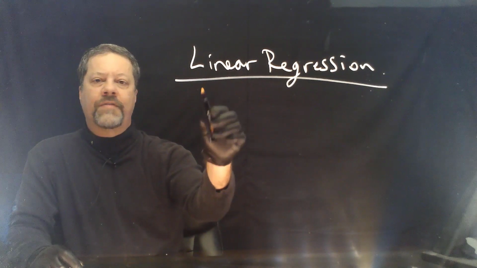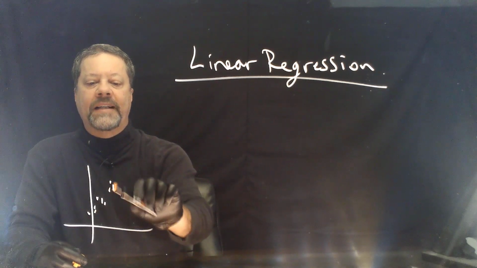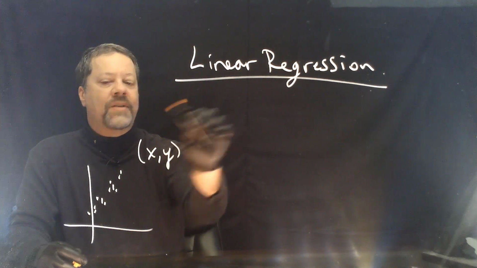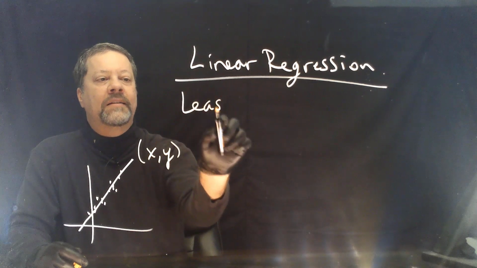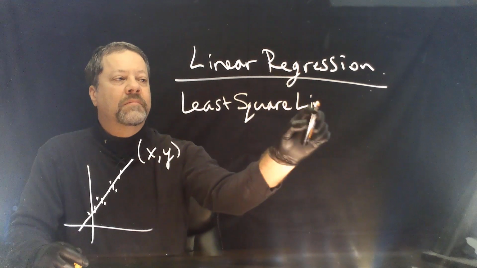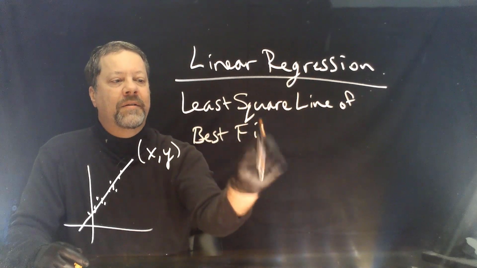Here, the goal is to find the best line that fits this bivariate data. Bivariate meaning has both x and y. So, what's the best line? We have something called the least squares line of best fit.